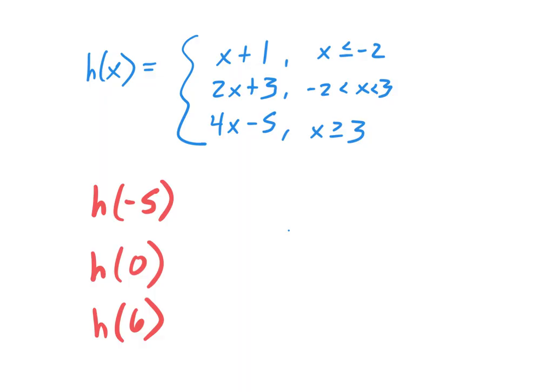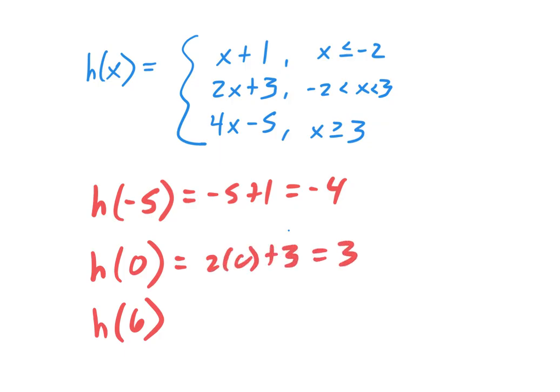So here we would just do -5 plus 1, which is -4. 0 is not here. It's not less than or equal to -2. It is between -2 and 3. So this would be 2 times 0 plus 3, which is 3.